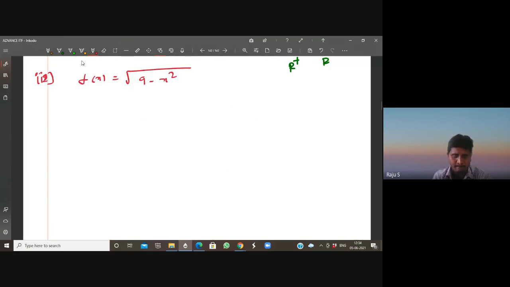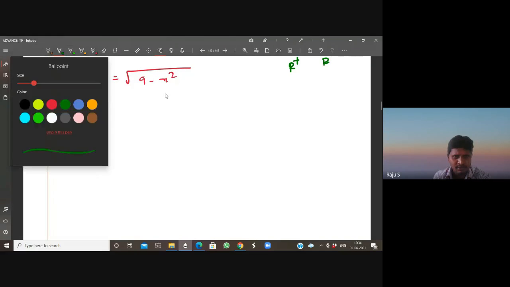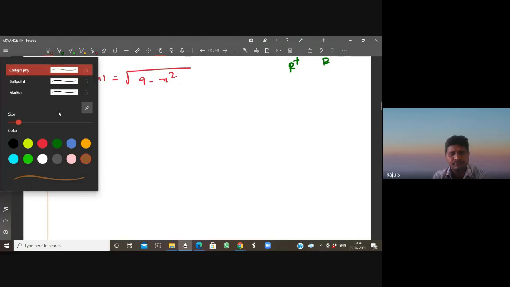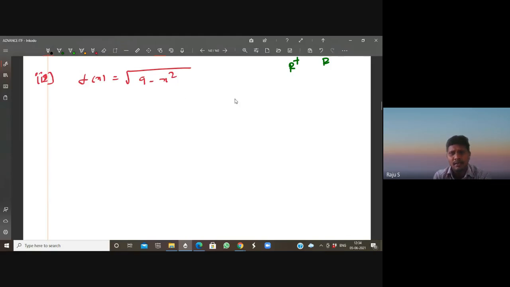You have to do this very carefully. To do this kind of question, we do one thing. Simply take 9 minus x square and equate it to 0. So when 9 minus x square equals 0, what x values are we going to get here?